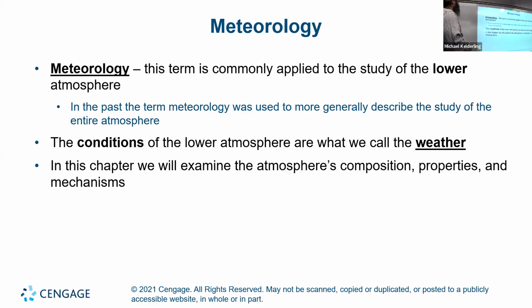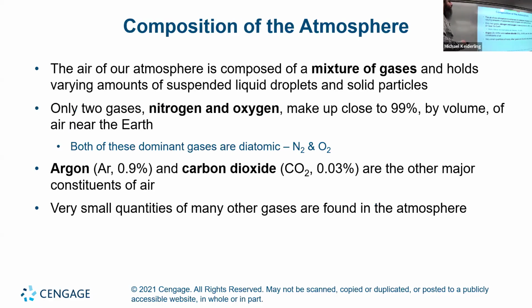So our atmosphere is composed of a mixture of gases, and it holds various amounts of suspended liquid droplets and solid particles. About 99% of the volume of air near the Earth is made up of two gases, nitrogen and oxygen. And both of these dominant gases are diatomic.